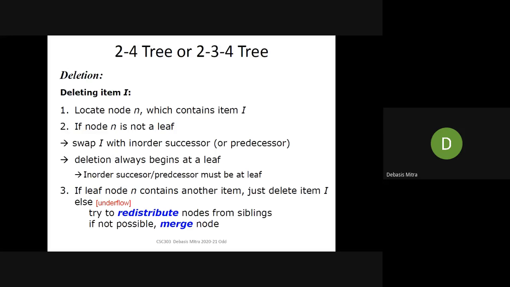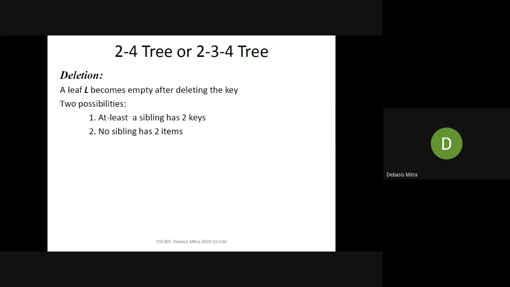In that case, we need to merge. Merge means we will merge that node which has underflowed, its parent as well as any one of its siblings, in order to prevent this underflow. Let me illustrate using some figure and then I will illustrate with a real example of a 2-4 tree.